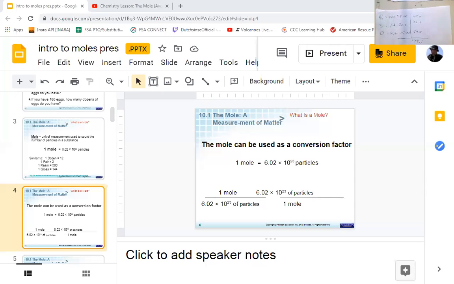142.1. Notice it's a 2 because it was a 2. How many of you got 142.1 for molar mass?